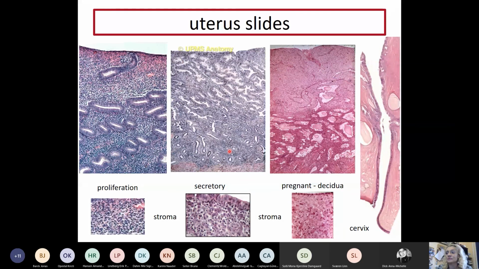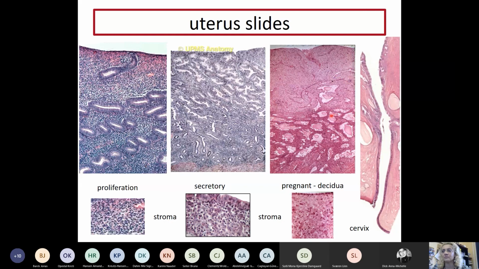Here you can see the difference between stratum basale and functionale. You can see the enlarged, really irregular looking glands, and the lumen is big. If you go to the stroma cells, you can see that they look different, more compact, and start to become more rounded cells. And then the pregnant uterus, you can see the huge decidua cells.